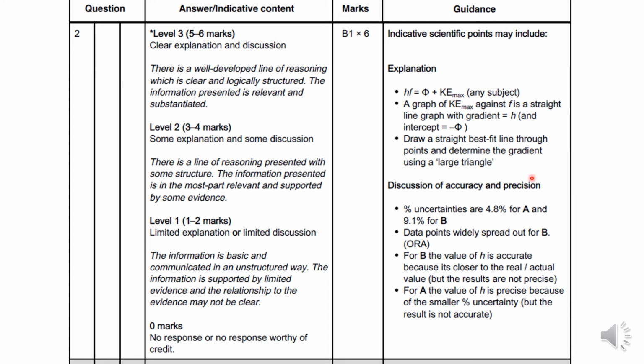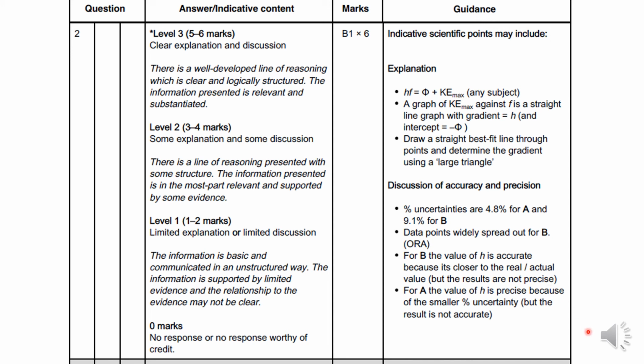Then you need to think about accuracy and precision, and this is really trying to get as many different points about those down as you can. So you've got absolute uncertainties, 6.3 plus or minus 0.3 for group A, and 6.6 plus or minus 0.6 for group B, and both of those are multiplied by 10 to the minus 34.